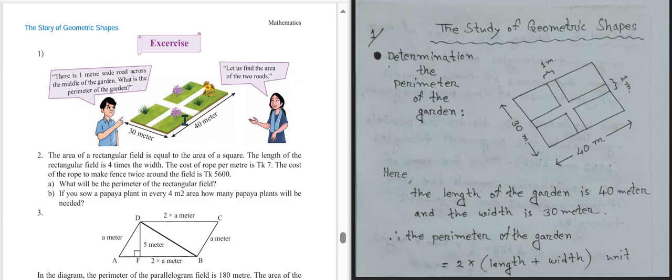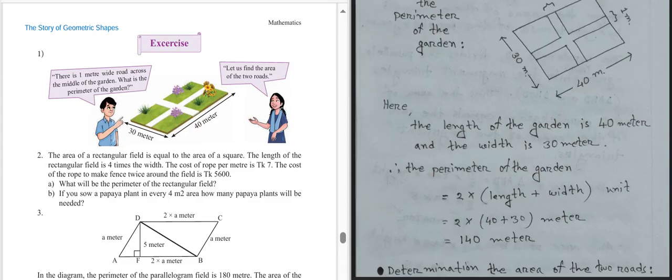So we have two equal lengths and two equal widths, and after adding the four sides we can get the perimeter. Because of this, the formula for determining perimeter is of this type. So after calculating, we get the perimeter is 140 meter.